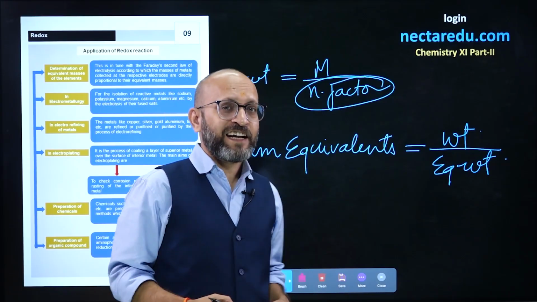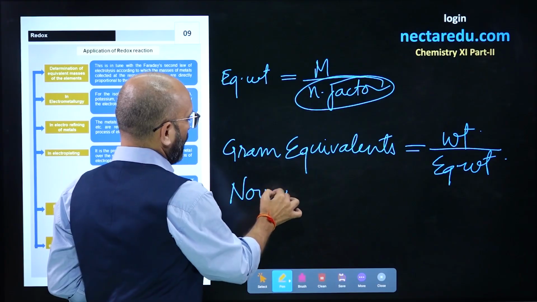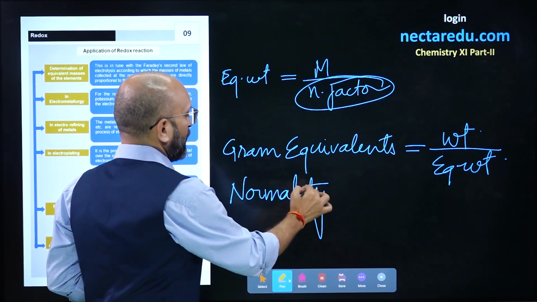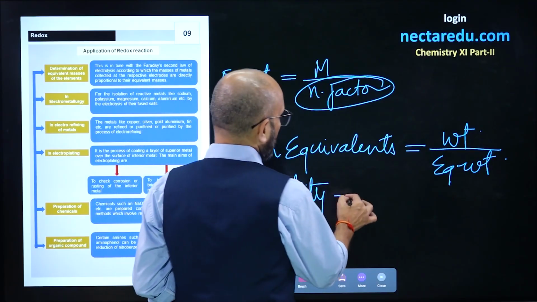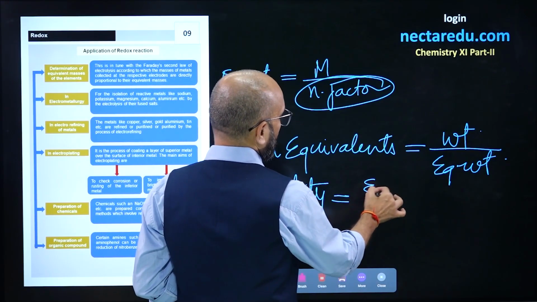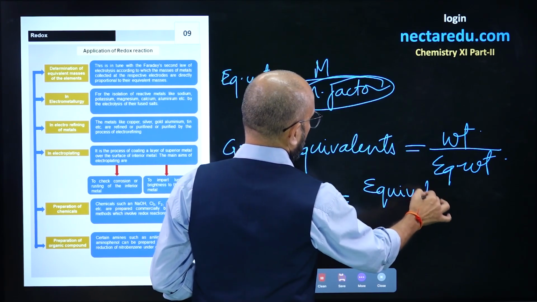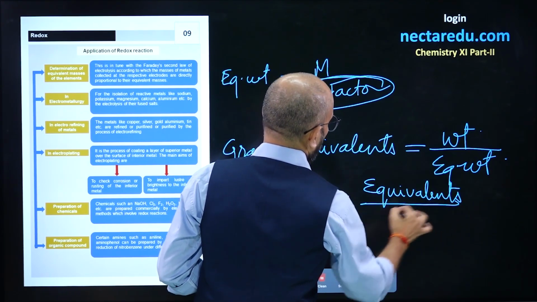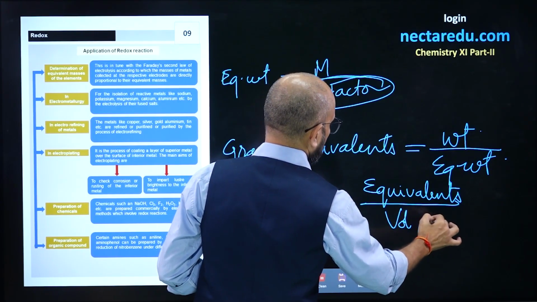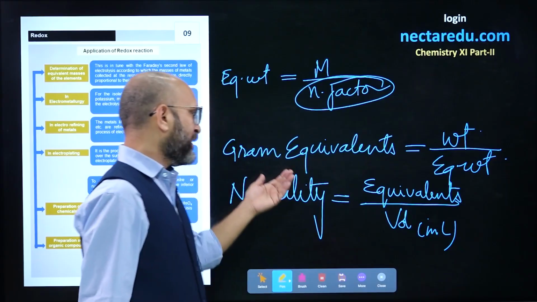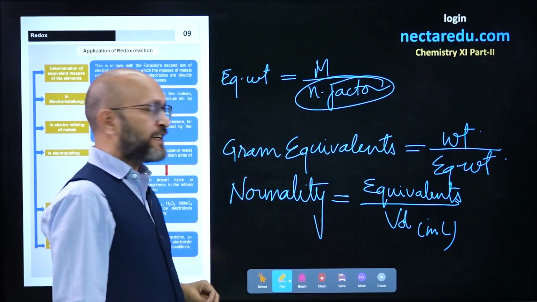And where do we need gram equivalents? We need gram equivalents for the calculation of normality of a substance. Normality is calculated as gram equivalents upon volume of solution in liters. So for equivalent weight we need to understand redox reactions.